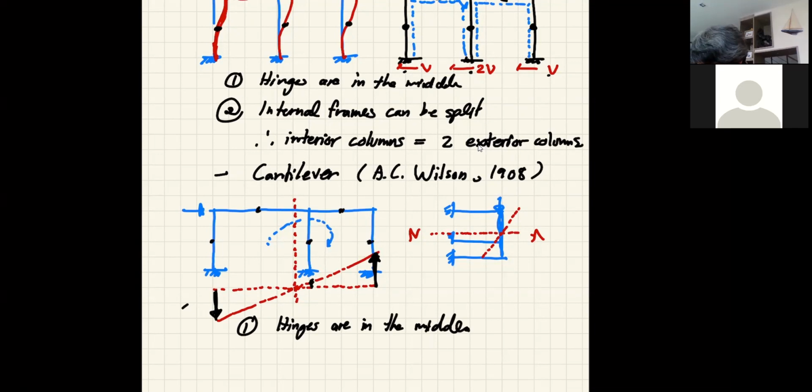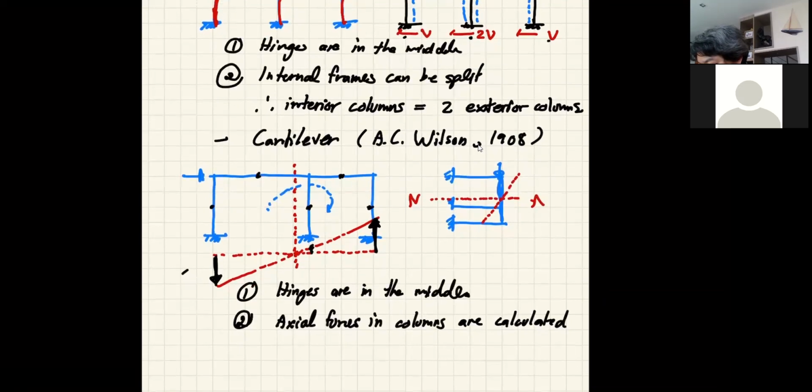But for this method, axial forces in columns are calculated first.